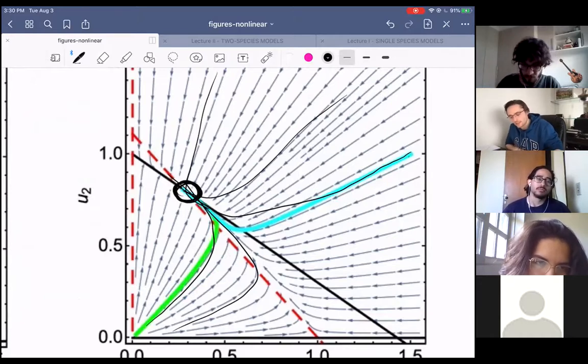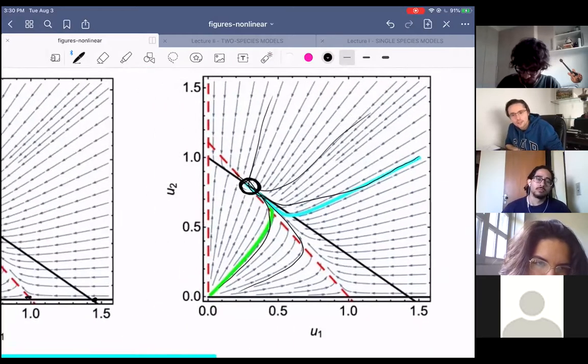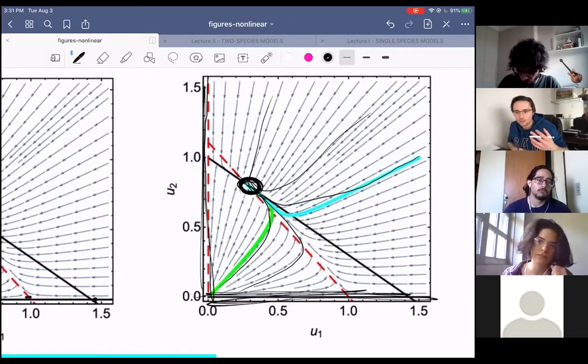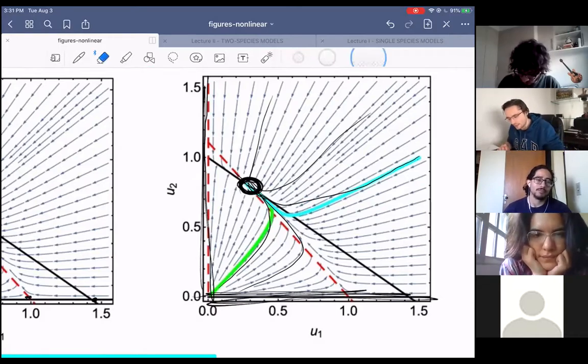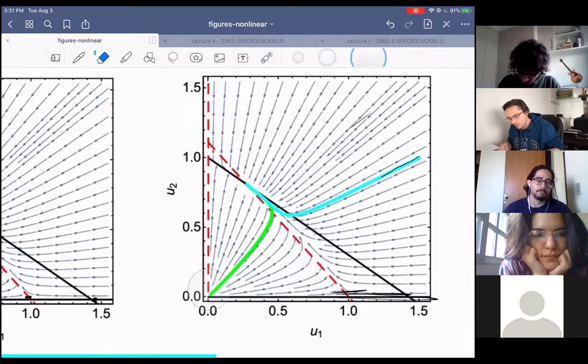Any trajectory that starts with, sorry if sometimes I'm abusing a little bit of the language, when I say that any trajectory will end up in here, I'm assuming that we don't start in these extreme cases where I don't have one of the species. Of course, if I don't have one of the species, there is no magic here, so I cannot create it. I'm assuming that I start inside the phase space, not in the axis. So you can see that any trajectory will end up there.